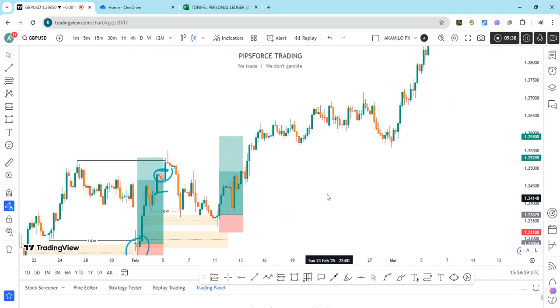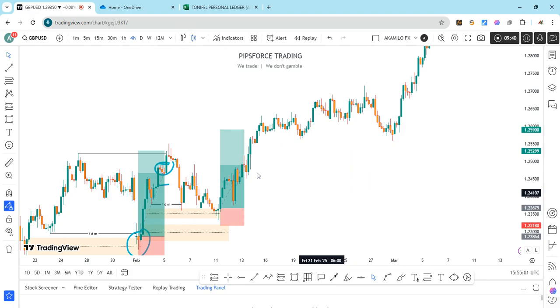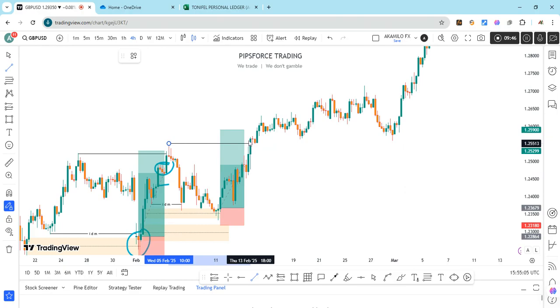In this case, you can see that when price breaks this structure to the upside, giving us a break of structure, the structure is still bullish, right? We have a break of structure in this particular leg here. So the next place where we'll be expecting price to give us an inducement is here.